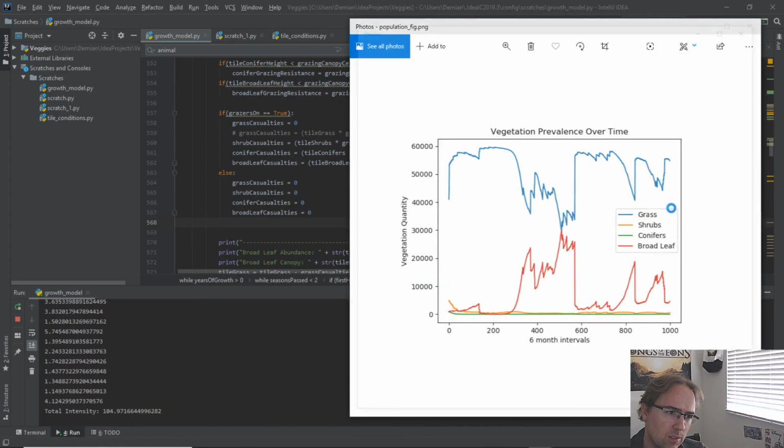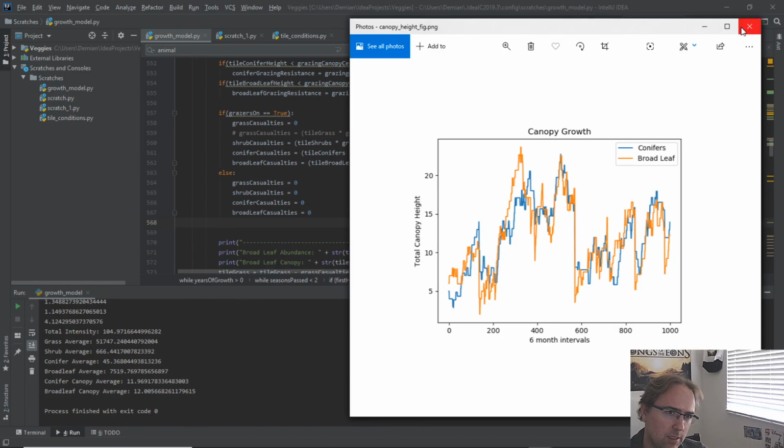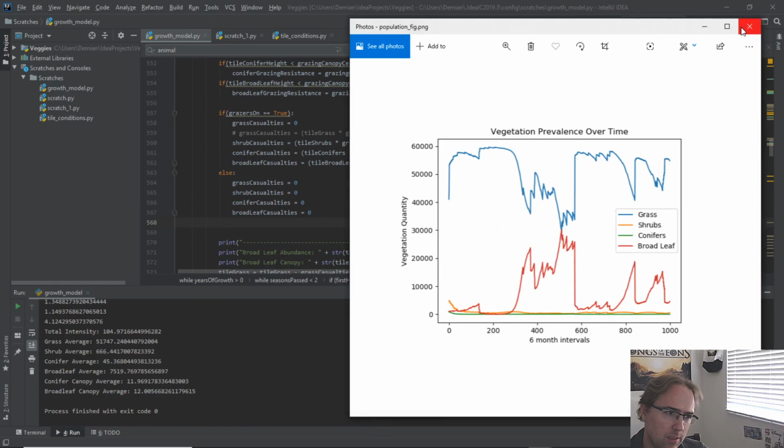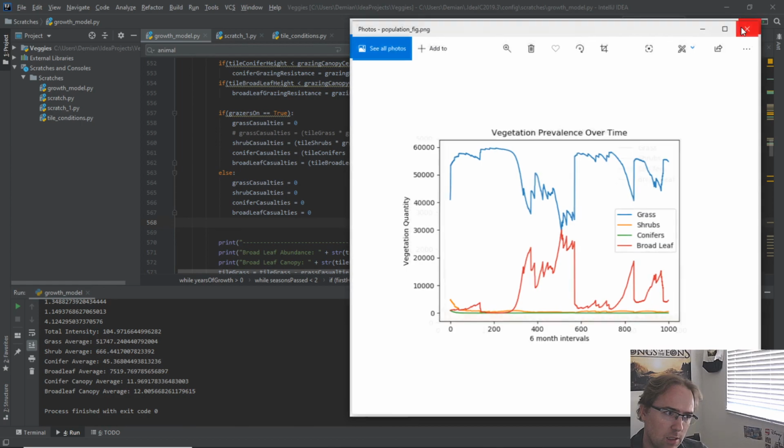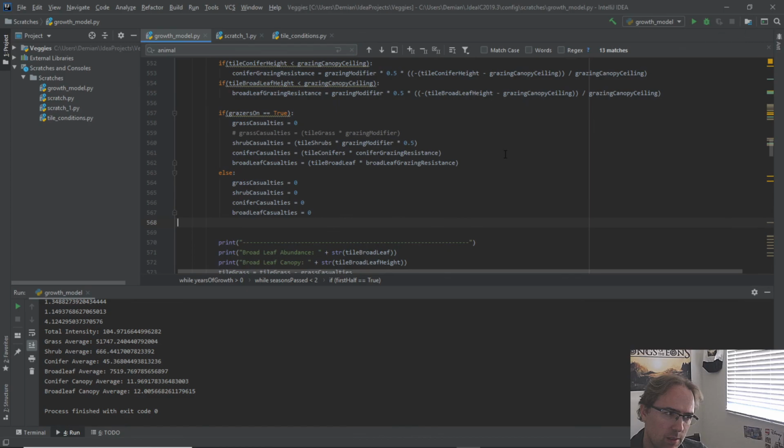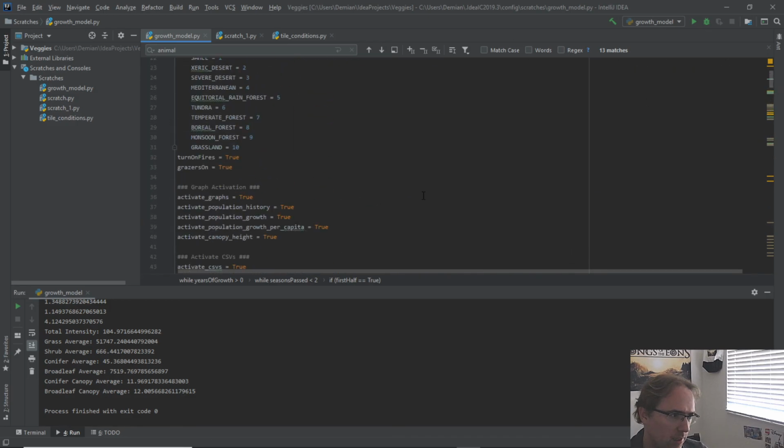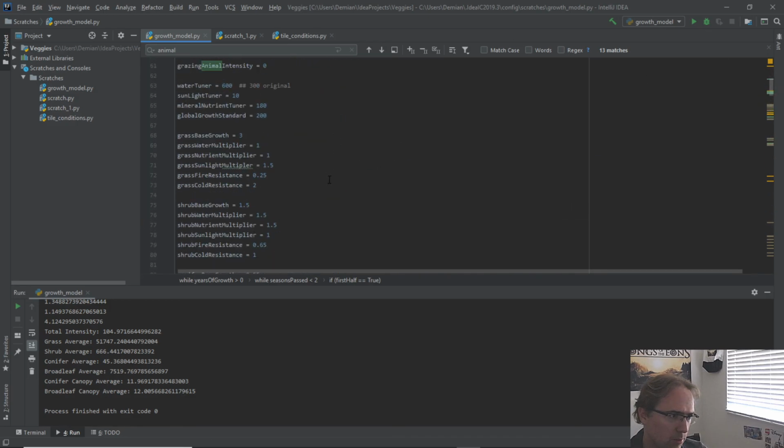Or is that just yikes? Okay, that's a little extreme. I messed something up here, because this varies pretty substantially from what I had before.